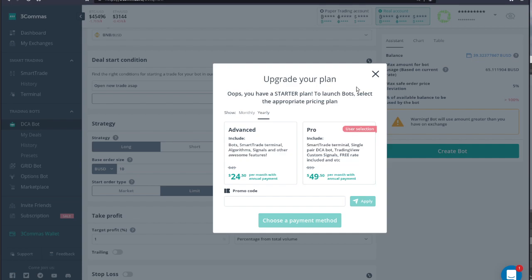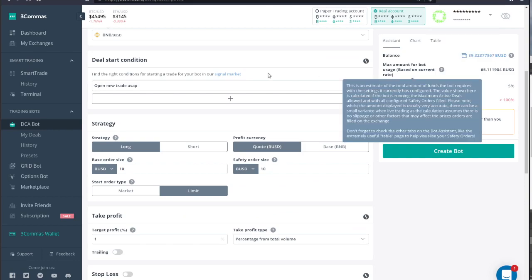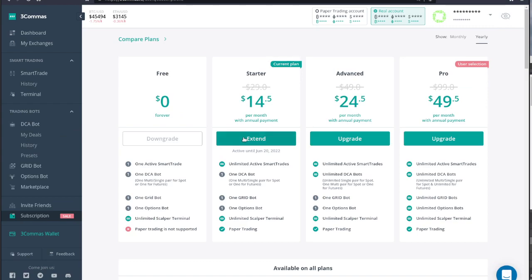You have a starter plan, so let's see the subscription. So current plan is starter, and you only get one options bot.